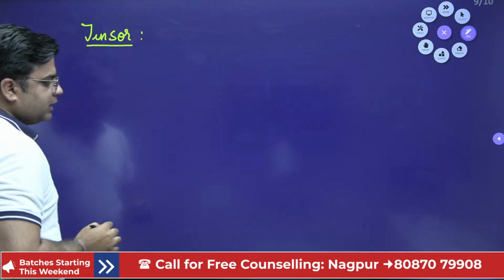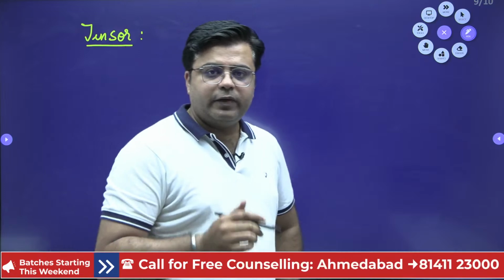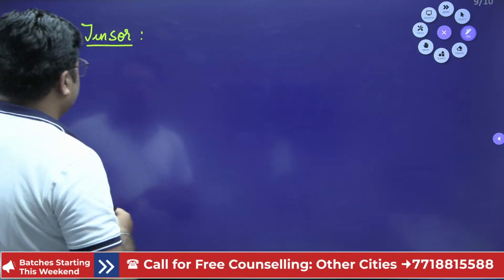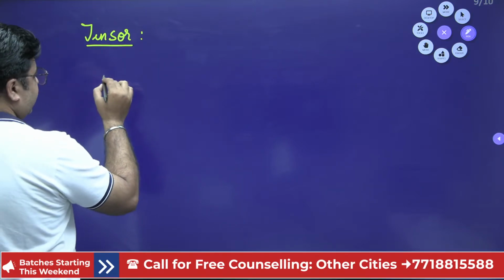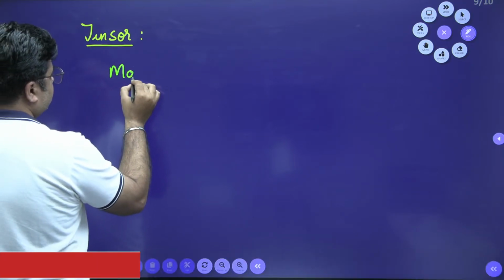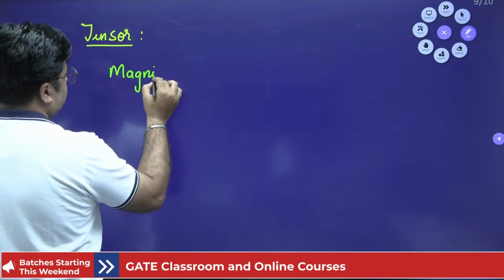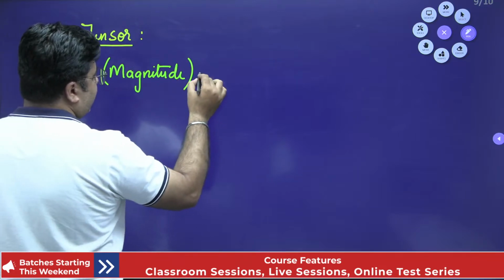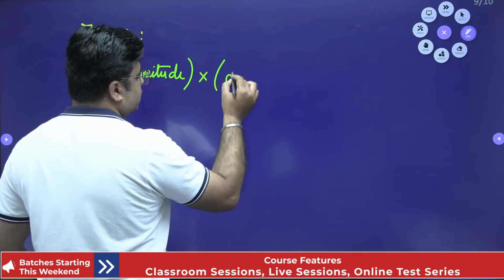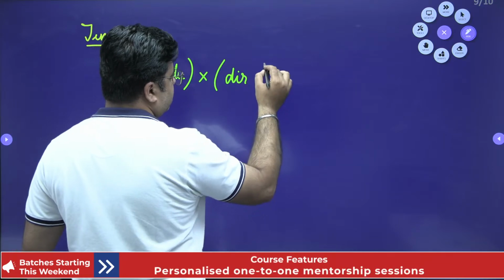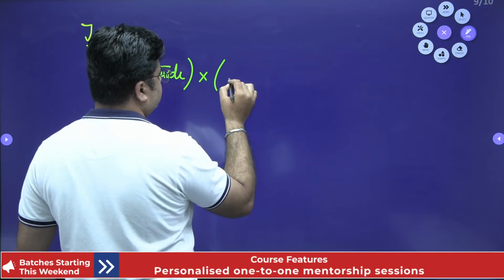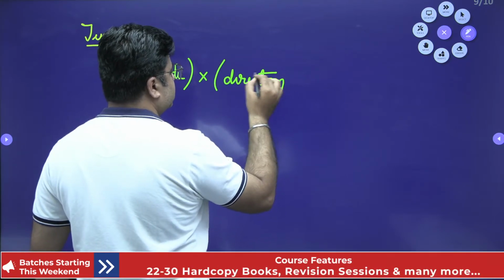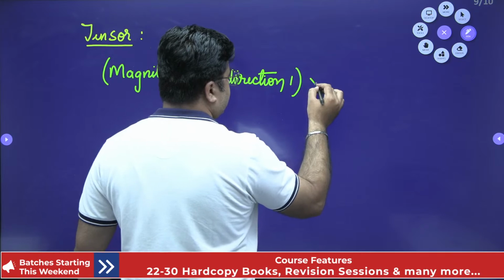So tensor is that quantity which has magnitude and two directions: direction 1 and direction 2.